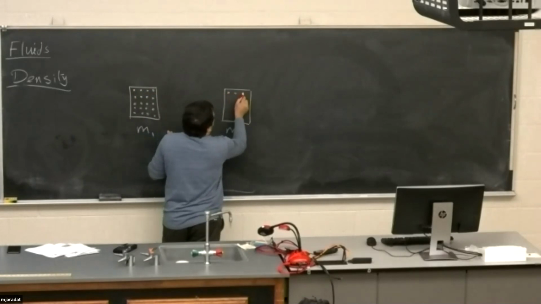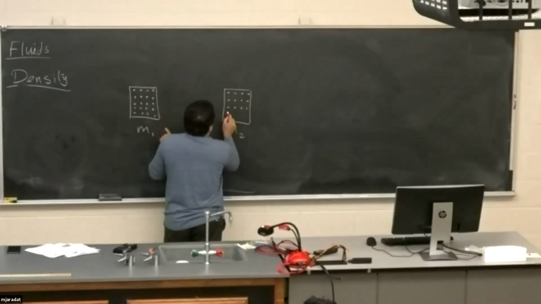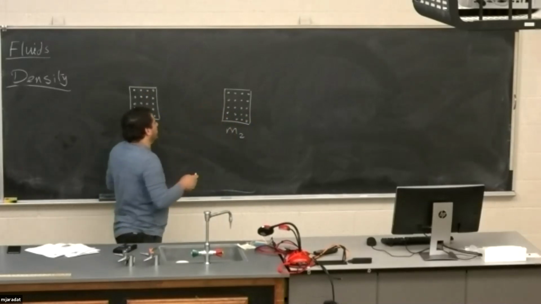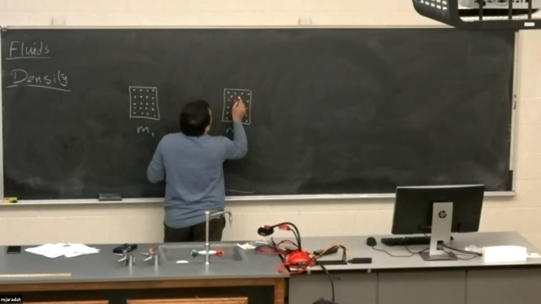I'll draw the same thing here. You can see now there is no difference between them. We have 20 points inside each of them. But what if I put more atoms here? In this case, it will be more dense.